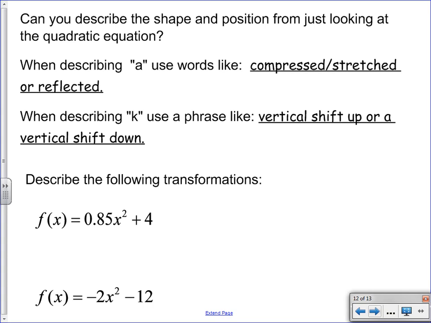It will be compressed if there is a decimal or a fraction, or we say that it has to be less than 1.